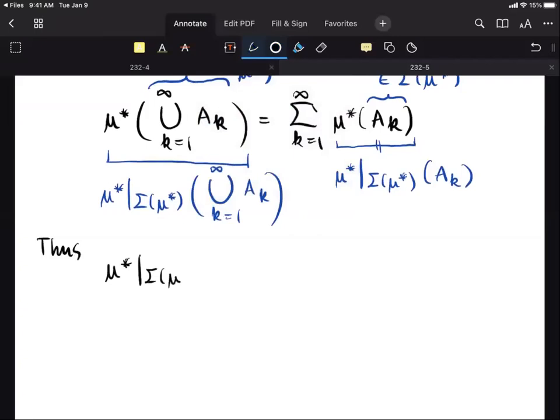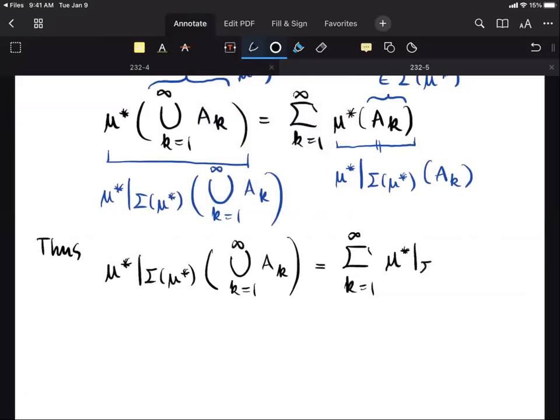Let us write that down. The restriction of the outer measure of the pairwise disjoint union is equal to the sum of the restriction of the outer measure applied to the components of the union, A sub k.